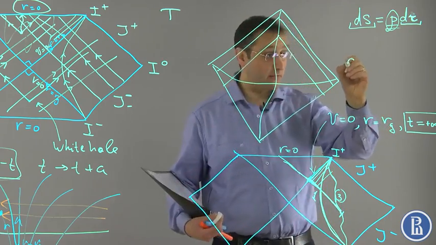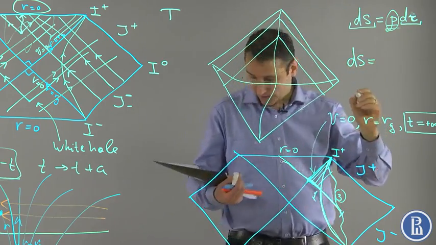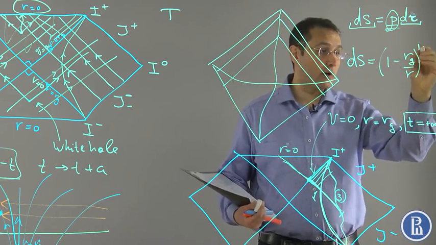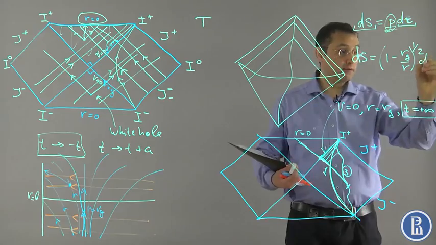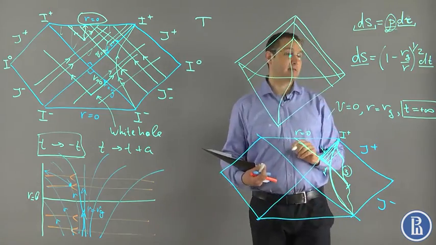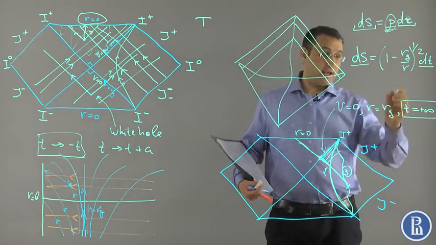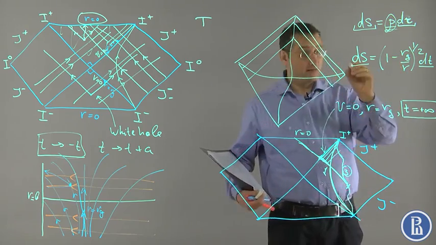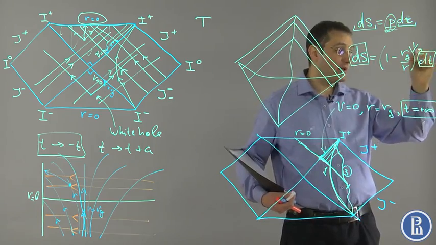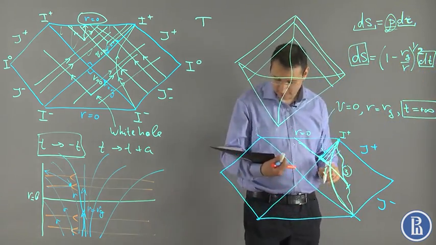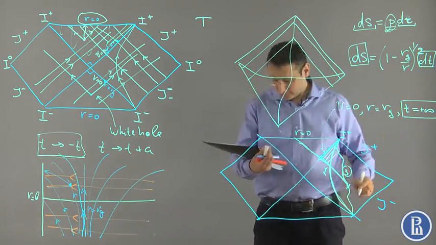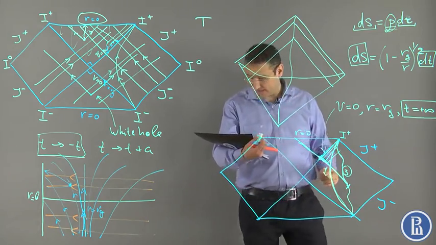Here we encounter the same situation. ds is equal to (1 minus rg divided by r) to the power 1/2 dt. So this is a relation between proper time and coordinate time in Schwarzschild spacetime. And as r approaches rg, finite proper times correspond to bigger and bigger amounts of the coordinate time. This is another way to see the same statement that I have said.